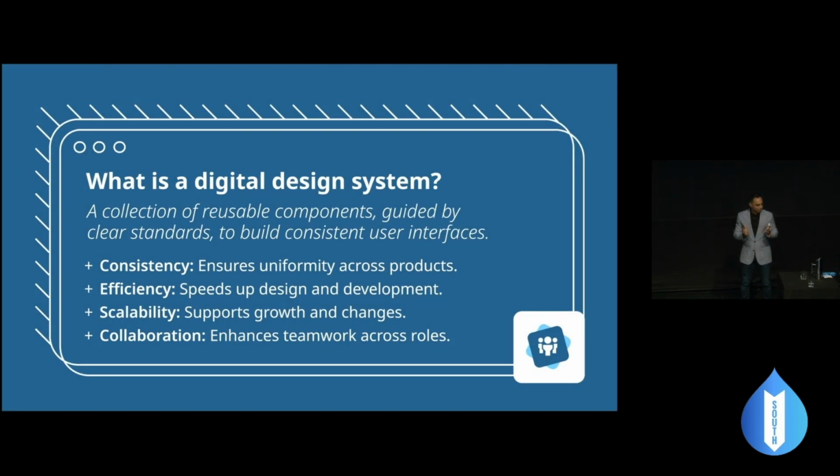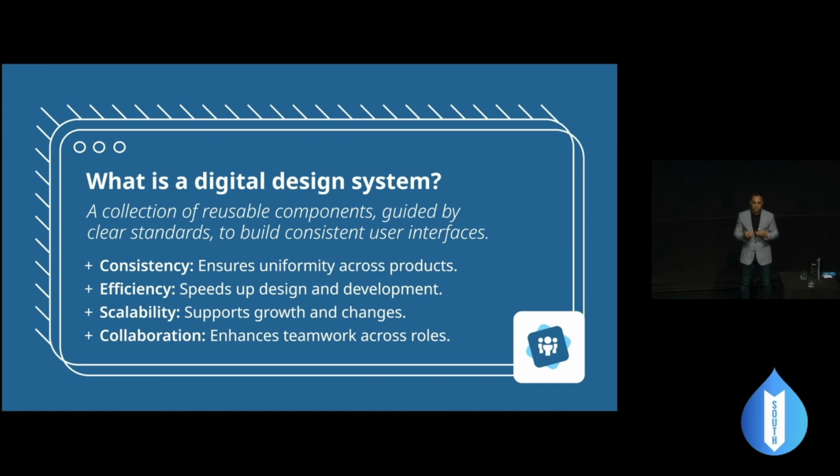Now we've got Experience Builder, and then there's the concept of a design system. Some of you may be familiar with CivicTheme and other design systems. A design system is really a collection of reusable components, guided by clear standards to build consistent user interfaces. Experience Builder gives you the power of doing as much as you want, but it still needs to be guided by UX and the front end, how it should look and work within the whole site.